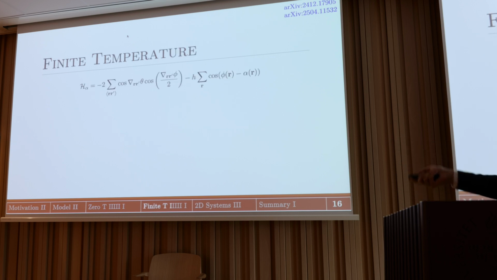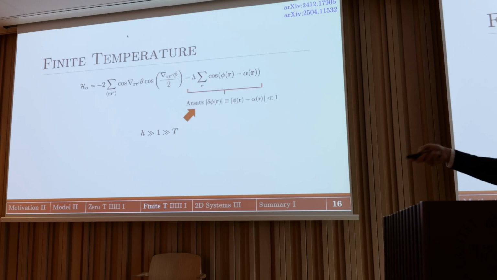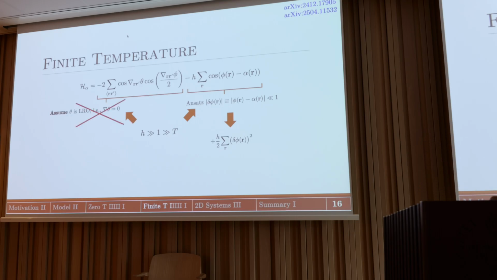Okay. So finite temperature. Let's look at the Hamiltonian. We are in the following regime: disorder much greater than in-plane coupling, much greater than temperature. We can do the same ansatz. My disorder is still very large, so I can assume delta phi is small, and then I have quadratic orderings. But now, I cannot assume that my thetas are long-range ordered anymore.